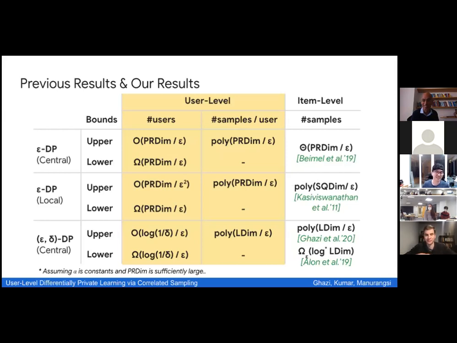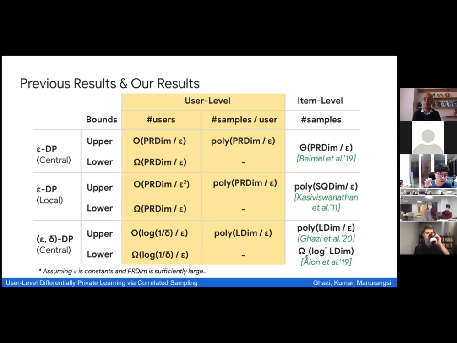Yes, that's right. So that algorithm would also work. I think this is kind of the disadvantage of leaving out the dependency on alpha. In the item level setting, the number of samples has to depend also on 1 over alpha, where alpha is the accuracy, the error in your learner.